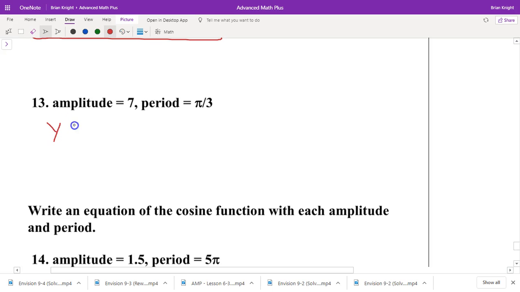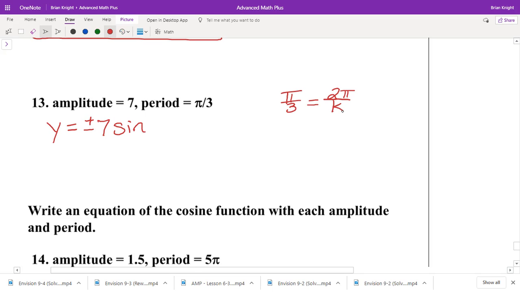All right, here amplitude is 7, so plus or minus 7 sine of, pi over 3 equals 2 pi over k. I'm actually going to just cross multiply on this one.